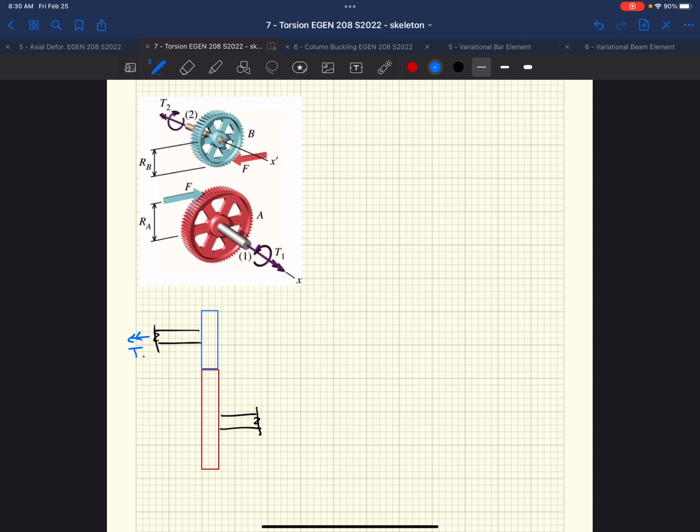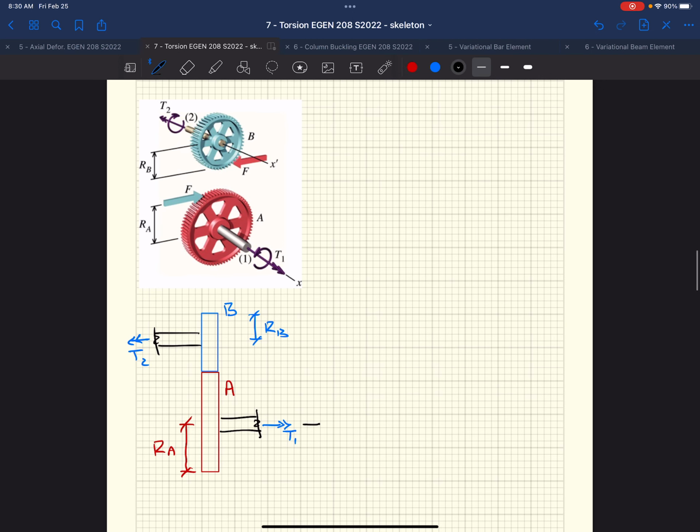we have torque 2, we've got torque 1 as shown in the diagram. We've got gear A, we've got gear B. Gear B has some sort of radius B. Gear A has some sort of radius A, right?